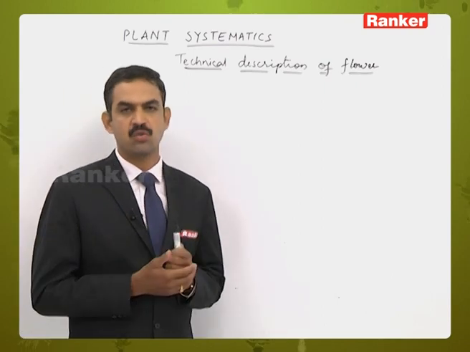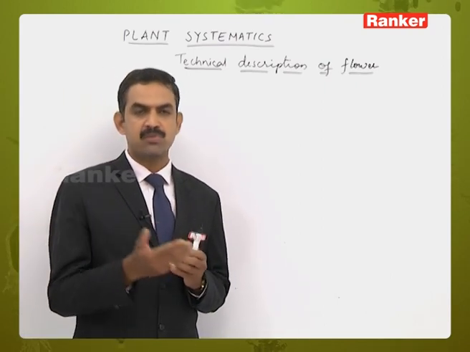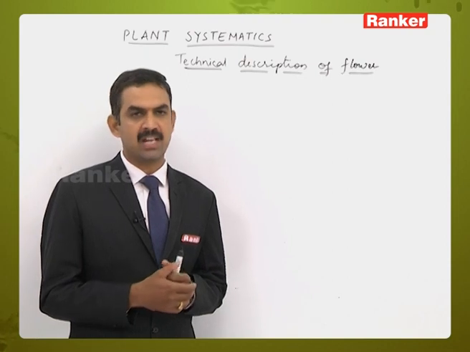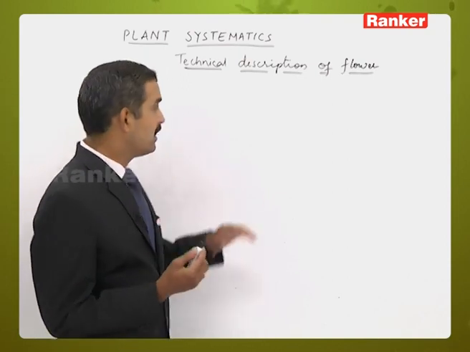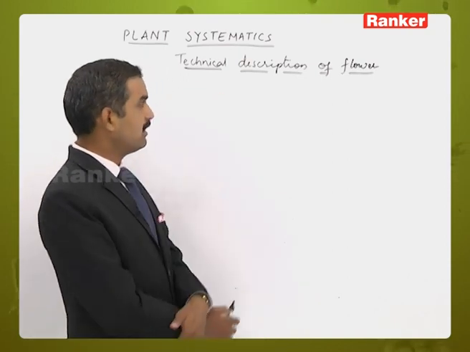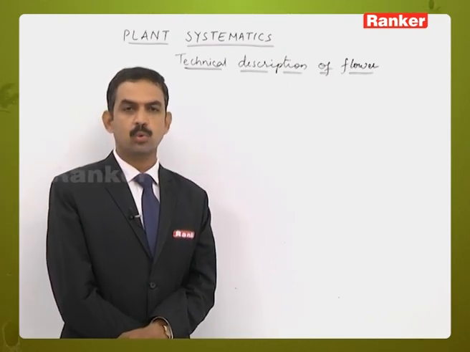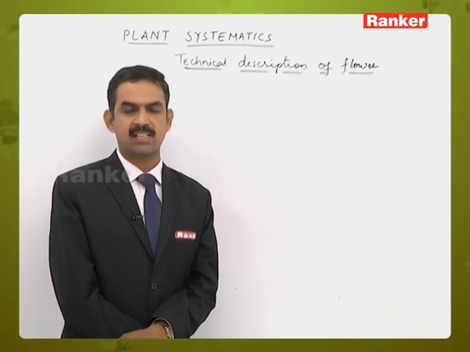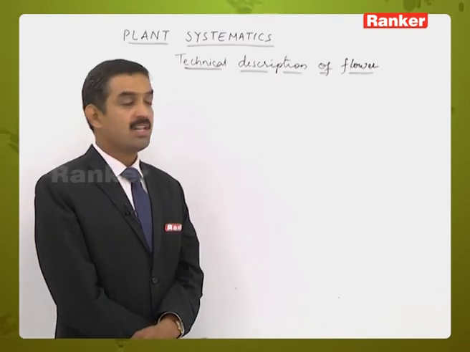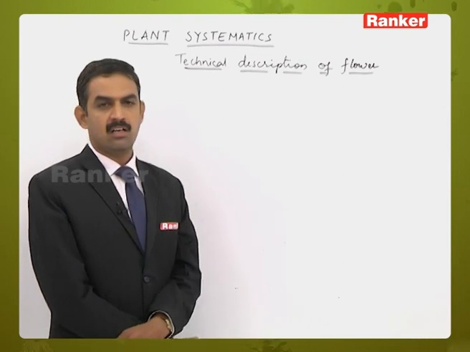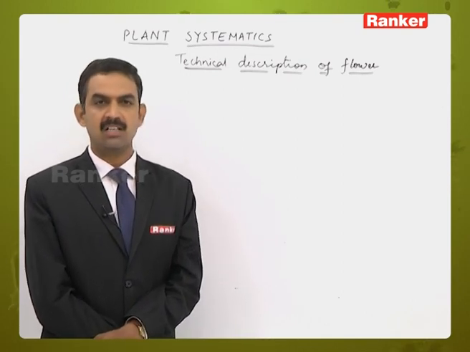Like shoot is modified to form the pedicel, and the leaves are modified to form the floral leaves like calyx, corolla, androecium and gynoecium. In the taxonomical aspect, two things are there. One is called the floral formula and the other is called the floral diagram, which help in the description of the characters of the flowers.